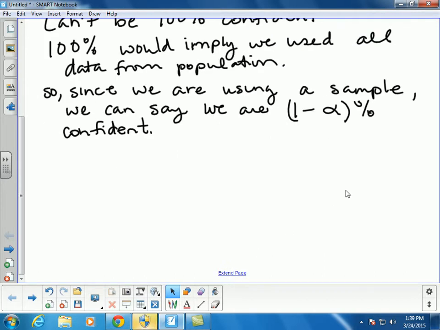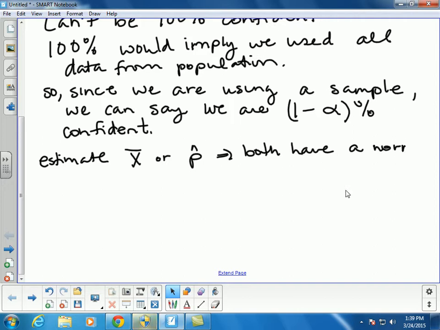Okay, so remember that our estimate from the previous lectures is x bar or p hat, and both follow a normal distribution.